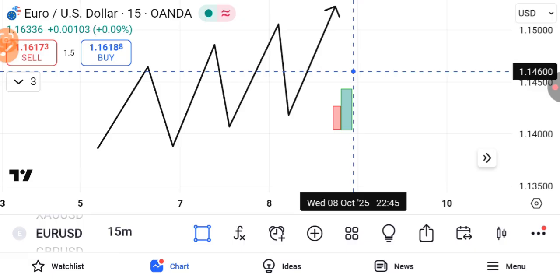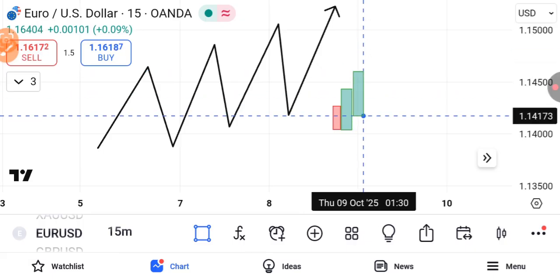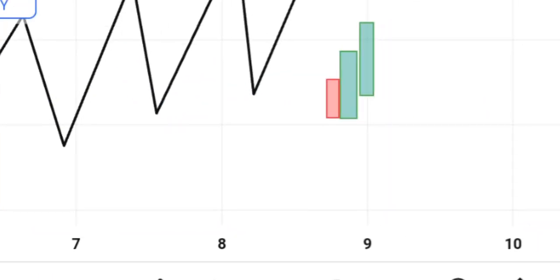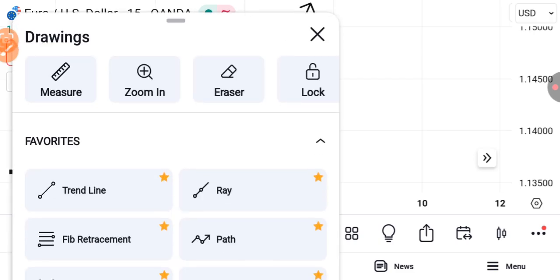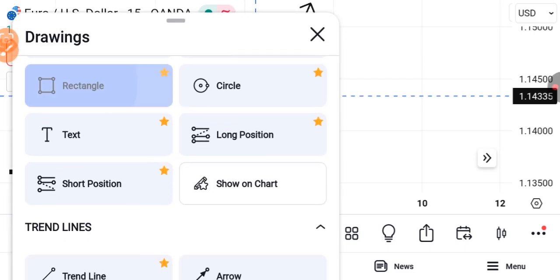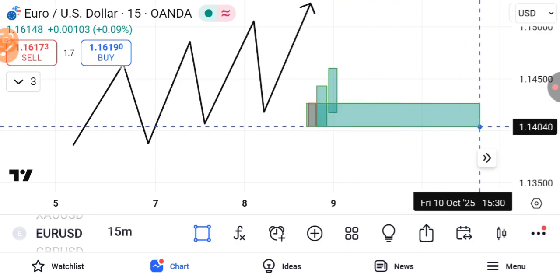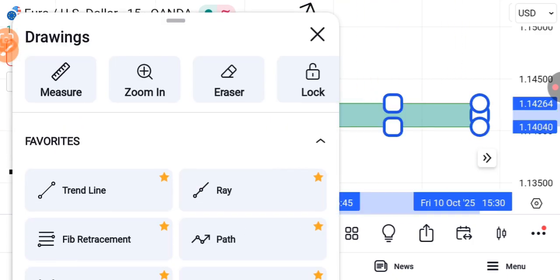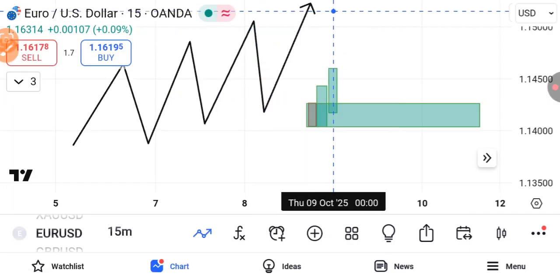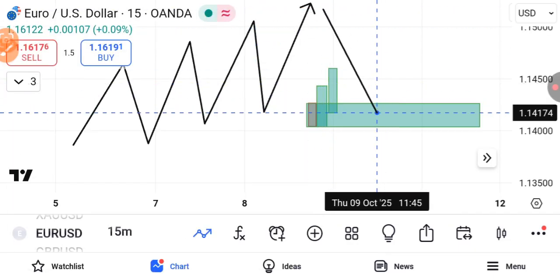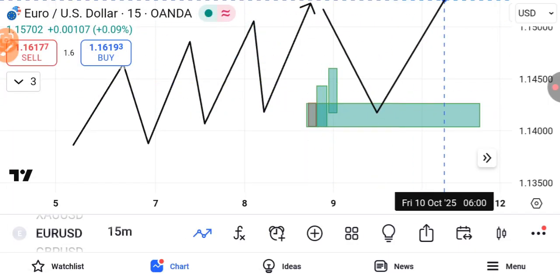It continues moving in an uptrend direction. So here, this is our order block. This one right here is our order block. We are going to mark it like this, and we expect the price to come back into the order block and continue moving up.